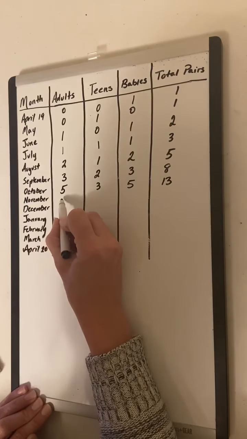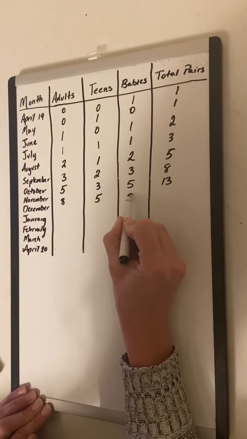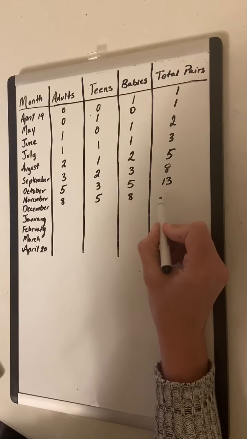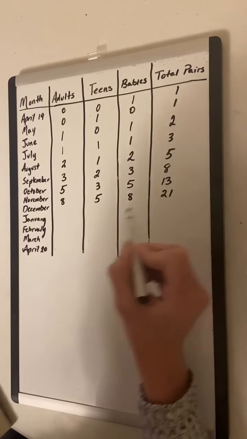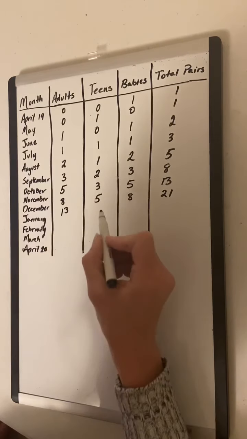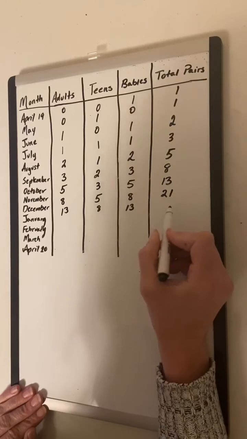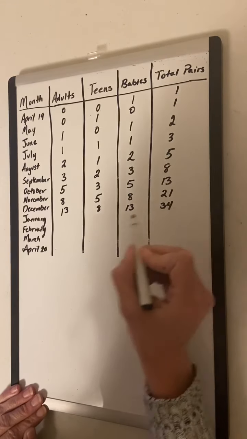Then in November, we have 8 adults, 5 teens, 8 pairs of babies, and altogether that gives us 21 pairs of rabbits. In December, we have 13 adults, 8 teens, 13 pairs of babies for a total of 34 pairs of rabbits.